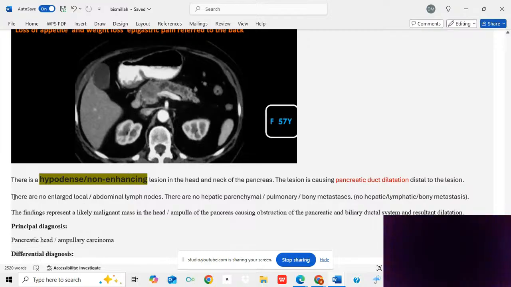Okay, and after that, the interpretation will be that the findings represent a likely malignant mass, because you need to confirm with biopsy.